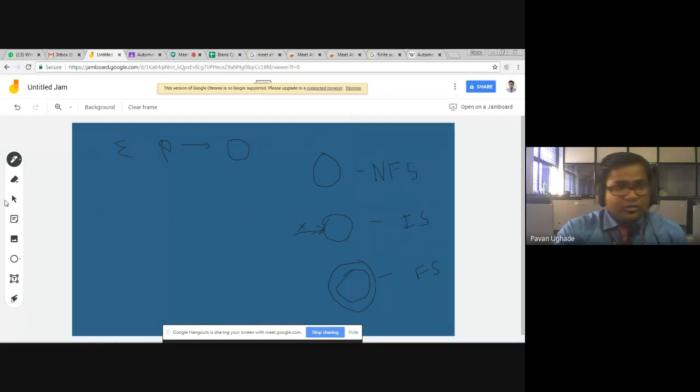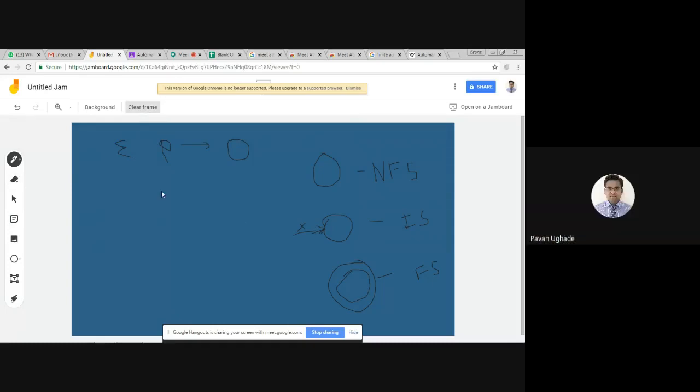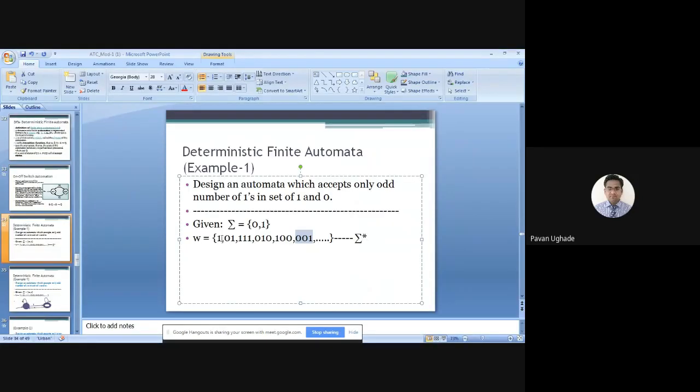I'll take another copy. Okay, fine. Clear the frame. Fine, class. Now, we understood what the possible strings are. So what we'll do is first draw for the string 1.